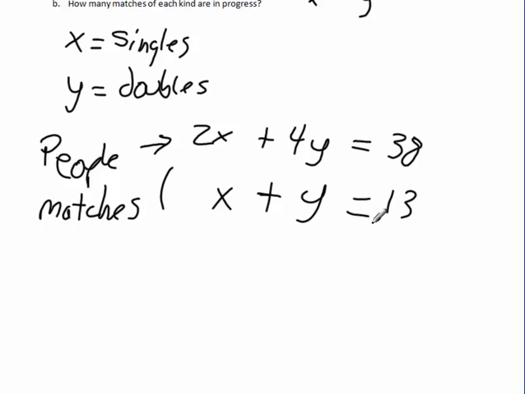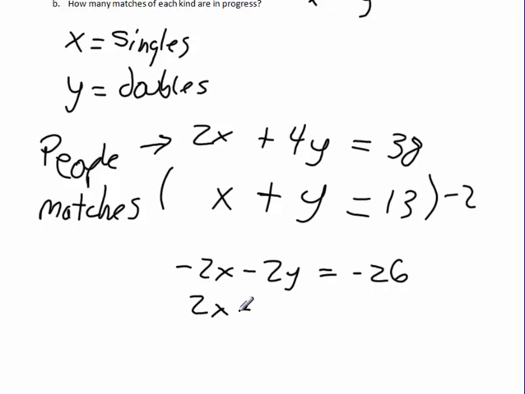I'm going to multiply this line here by -2. Part B says how many matches of each kind are in progress. In other words, solve. So I have -2x minus 2y equals -26. And I rewrite my first line, 2x plus 4y equals 38.